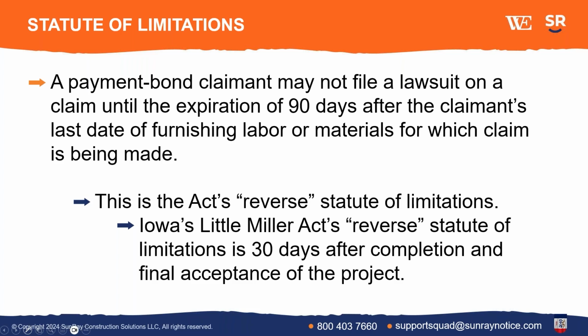This is the reverse statute of limitations. Iowa's Little Miller Act has a similar reverse limitations period. It's 30 days after completion and final acceptance of the project. So the event that has to be met for that reverse statute to expire is different under the Iowa Little Miller Act than the federal one. Next slide.